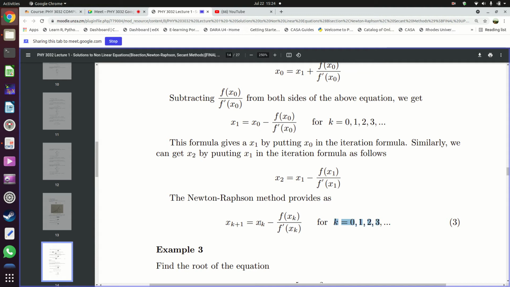So from xk, you find out what the value of the function is at xk, then you also find out what the value of the derivative is at xk, then you put your xk here, the value of the function at xk, the value of the derivative at xk there, you should get your xk plus 1. Then you get your xk plus 1, you repeat the process, you get your next value like that.